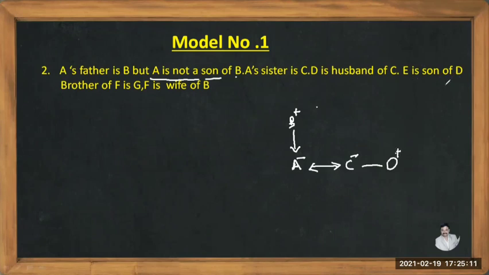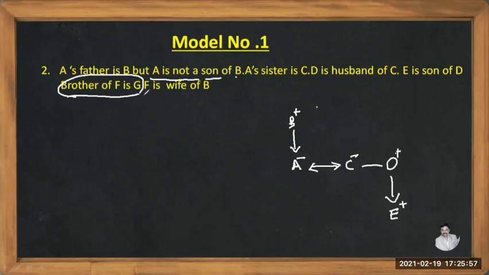Now E is son of D. I think you might know E is son of D means D must be the father of E. As E is son, E also must be a male person. And brother of F is G. Here, brother of F is G, and F is the wife of B. F and G are both new persons in this family, but where can we connect them, whether they connect with B or with C, they may connect with anyone.